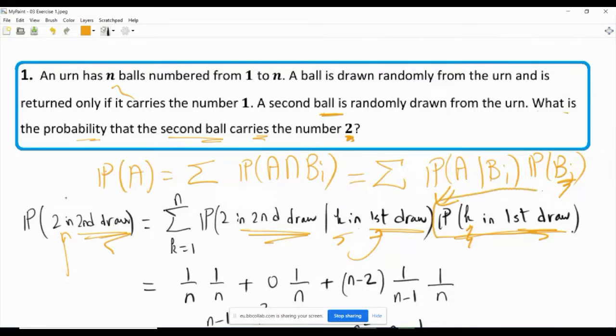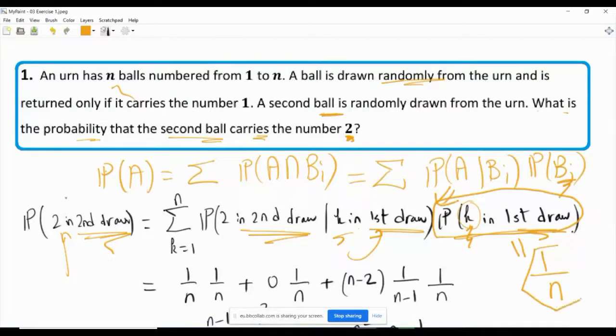What is the probability of getting k in the first row? If nothing is mentioned except that a ball is drawn randomly from the urn and it is returned, then each ball has the exact same probability of being selected. So the probability of k in the first row, regardless of k, is always equal to 1 over n.